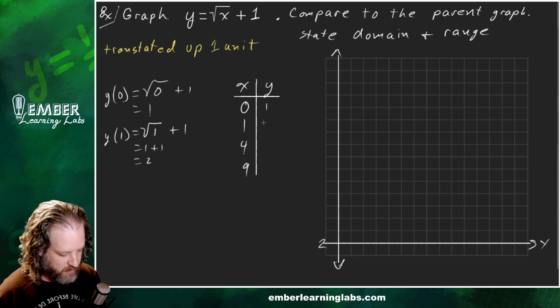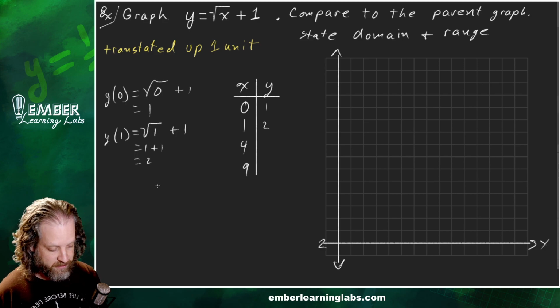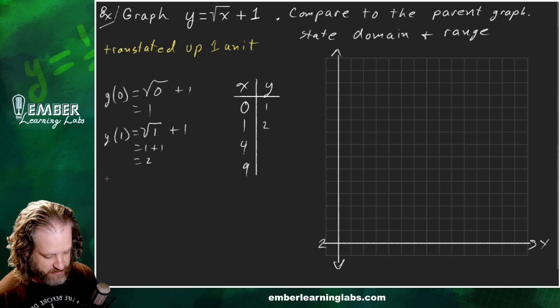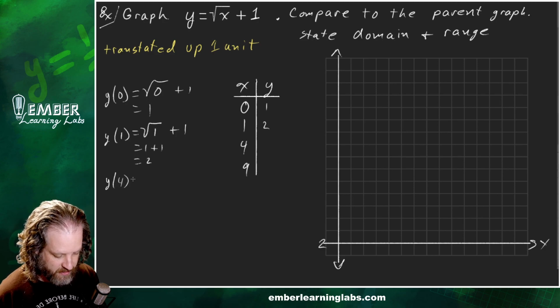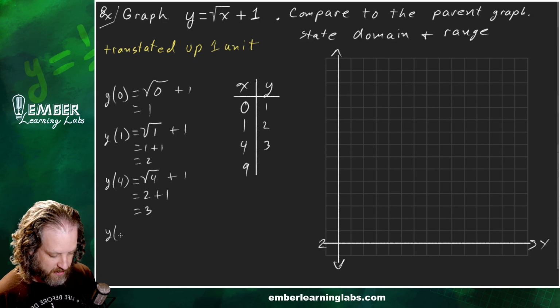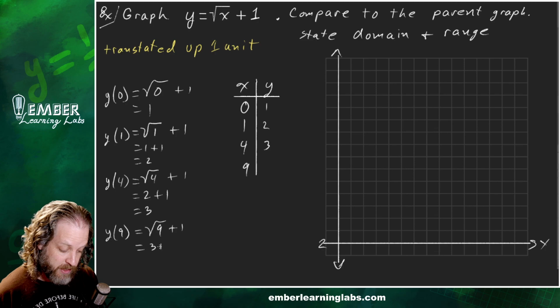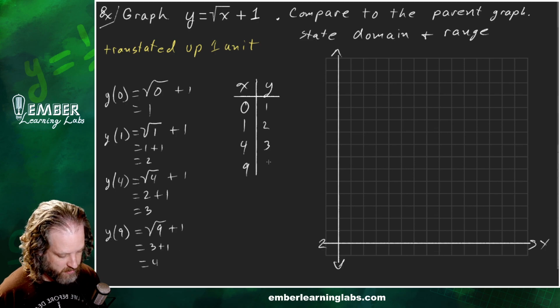These are all going to be shifted up by 1. If you see the pattern here, you can probably do these real easy. Square root of 4 plus 1 equals 2 plus 1, which equals 3. So y of 9 equals square root of 9 plus 1, so that's 3 plus 1, which is 4.